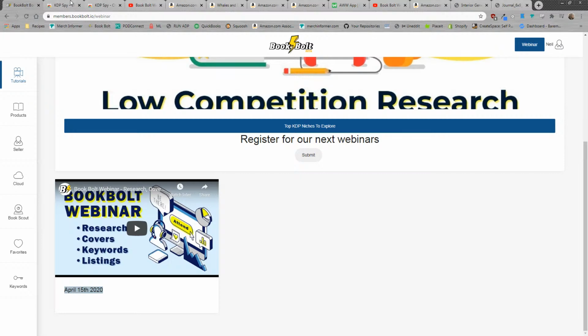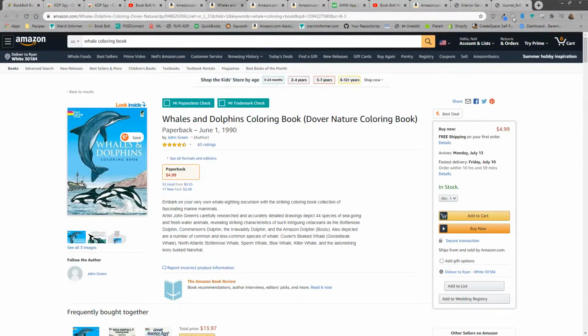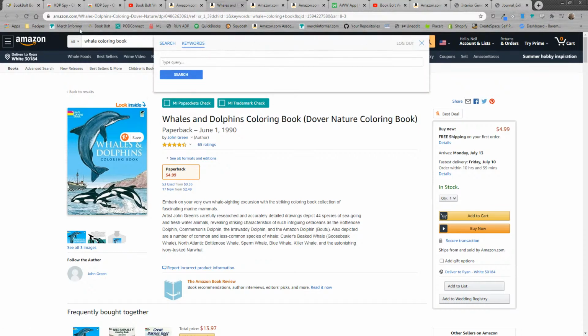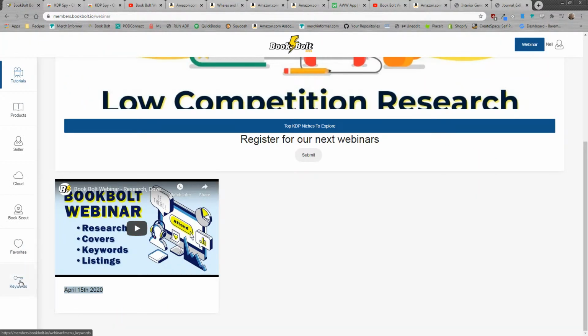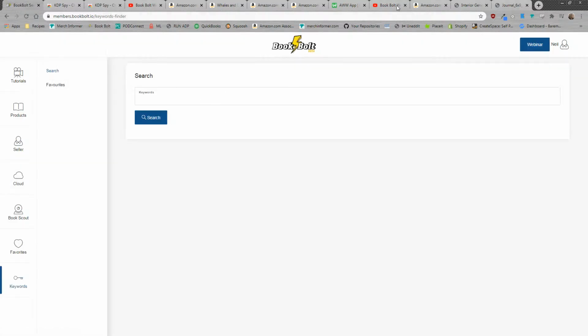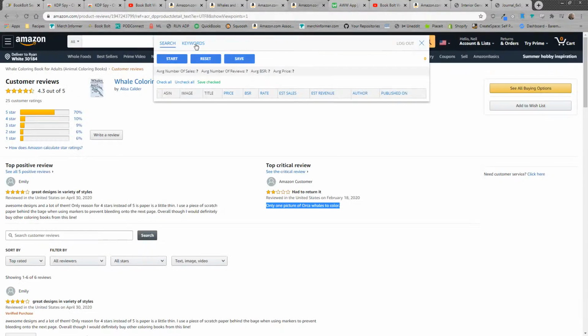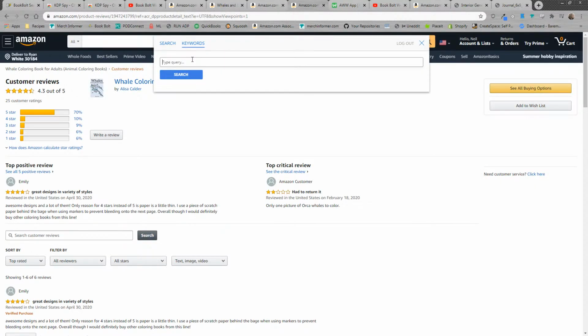But inside the KDP Spy extension, this keyword tool right here, instead of looking at the keywords over here and doing search now, in here you can actually add them to your favorites and everything. If you're on Amazon and you open this up and you type in your keyword, like dog journal or something like that, give it some time.